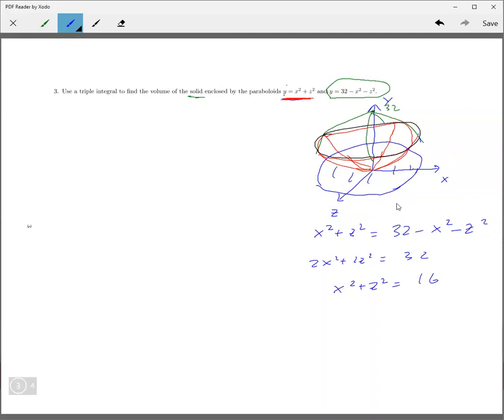That's what you're going to integrate second. So first, what you're going to integrate first is from x squared plus z squared up to 32 minus x squared minus z squared.